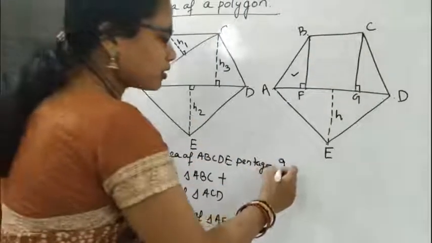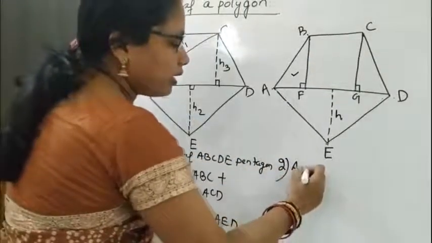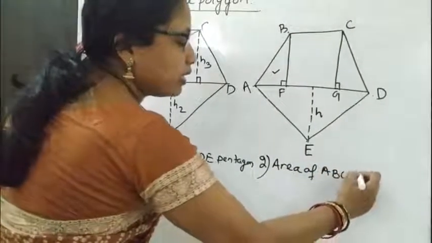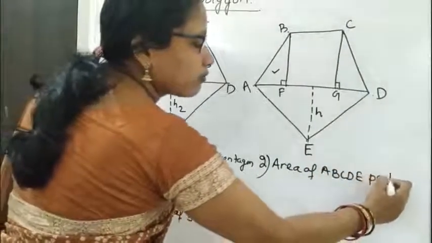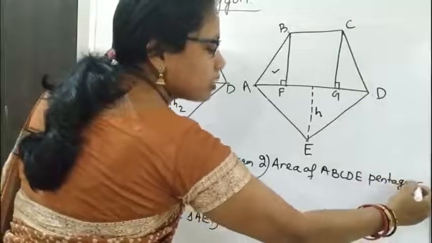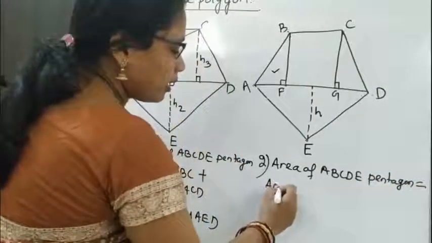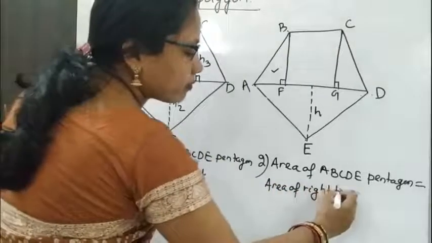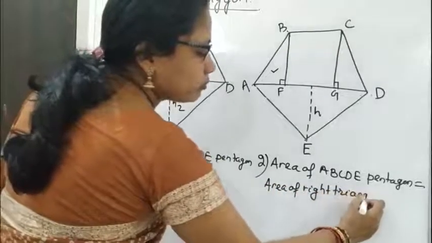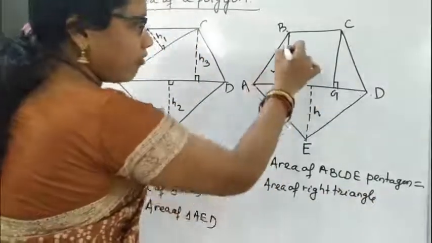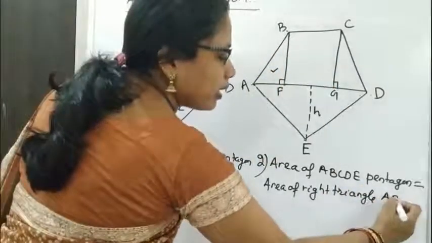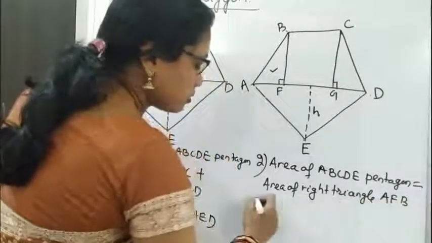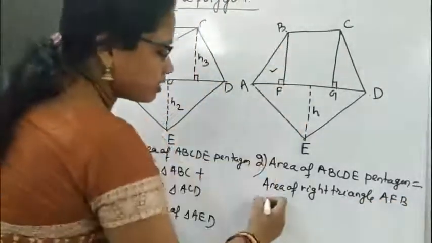So for the second diagram, the area of pentagon ABCDE is equal to the area of right triangle AFB plus the area of trapezium BCGF plus the area of right triangle CGD plus the area of triangle AED.